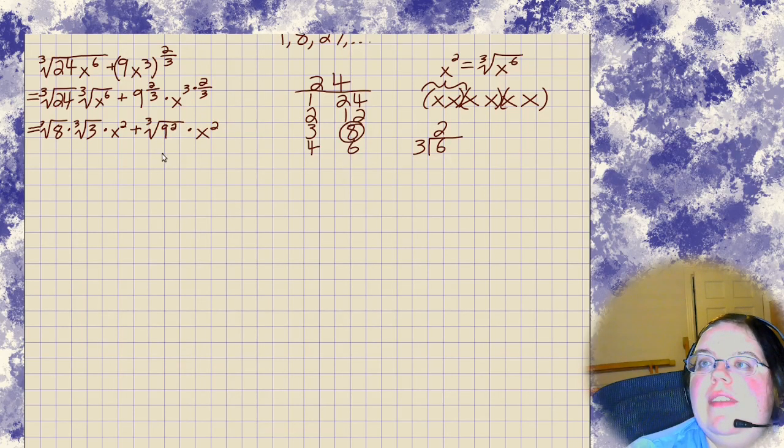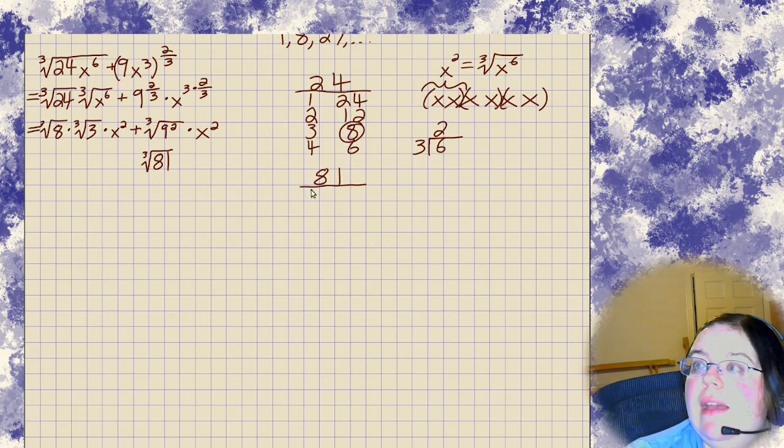So one thing I notice here, 9 squared is 81. So we're taking a cube root of 81. So that leads me to believe I'm going to want a table like this, but for 81. Fortunately, there aren't that many options. It could be 1 times 81 or 3 times 27.